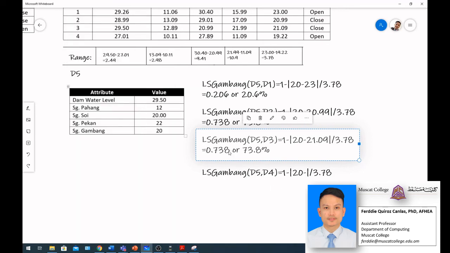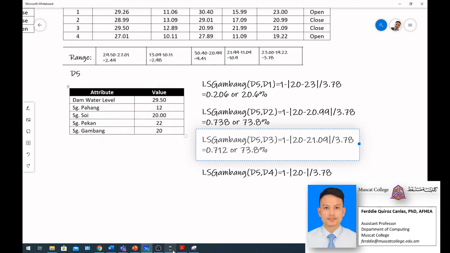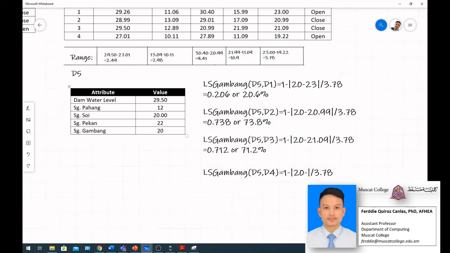Good. 0.712, because it's 6 in there. So this is 71.2%. How about the last one there? 0.789, like this. Okay, thank you so much. 78.9%. Good.